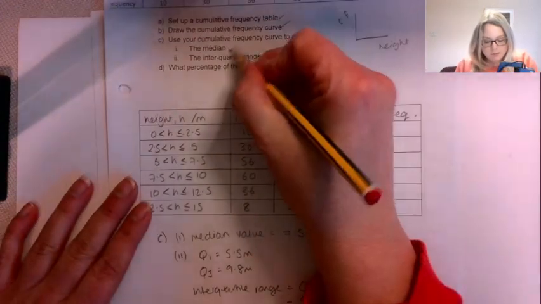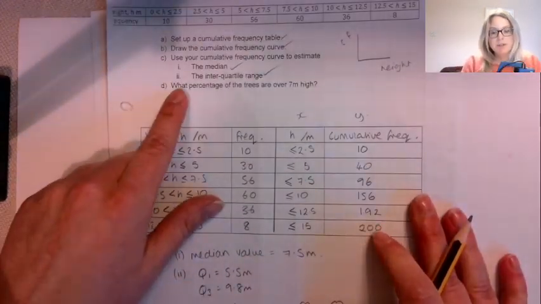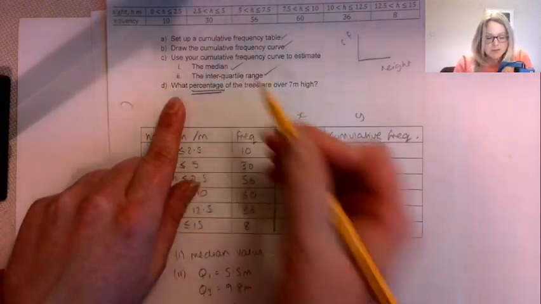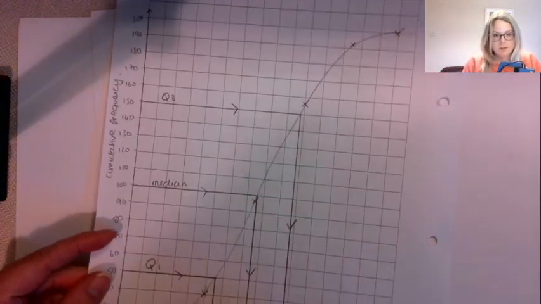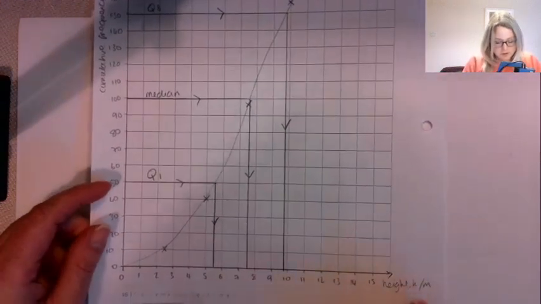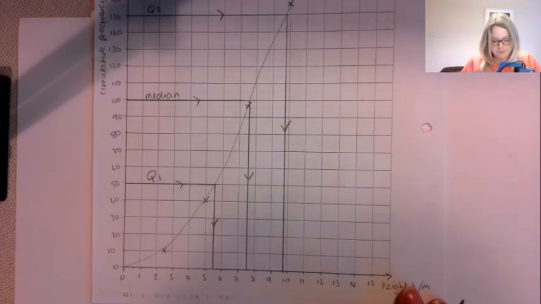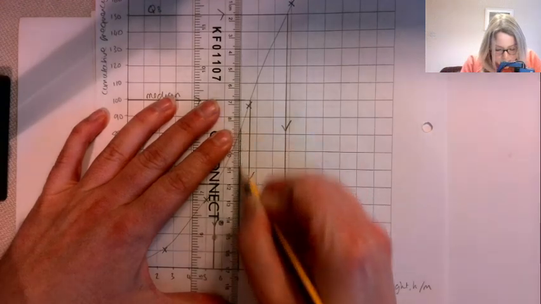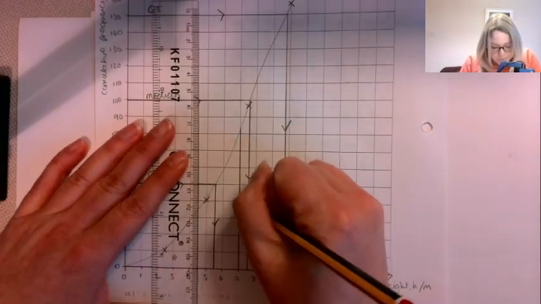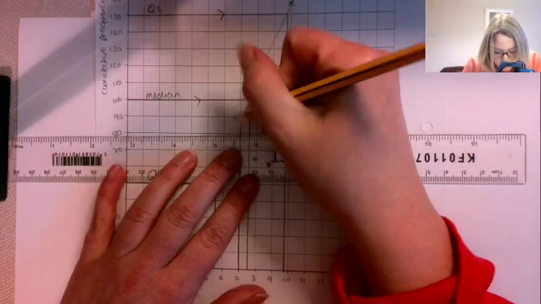Part D, so we've got that and we've got that. Part D, what percentage, be very careful with this, of the trees are over 7 meters high? So let's look. This time we're going to be going the other way around in our graph. So we go to 7 meters, right? We go up until we hit our graph, and then we go across.